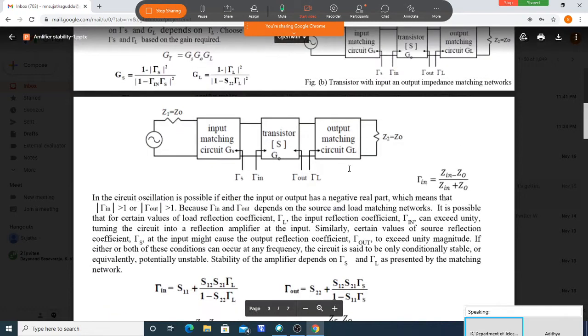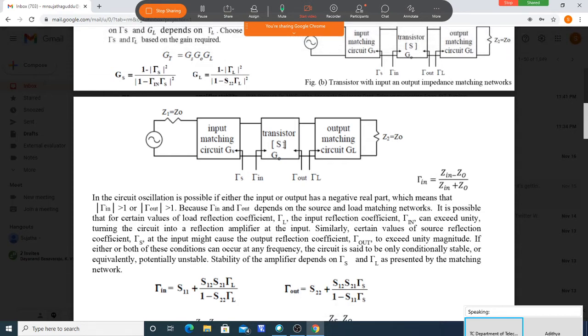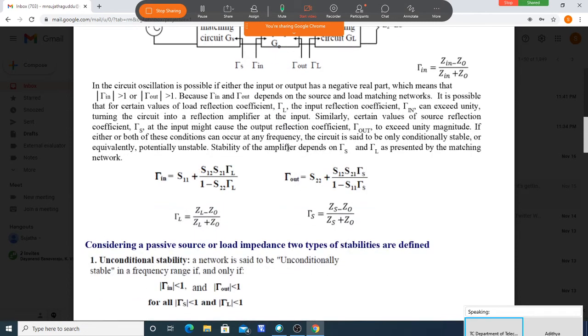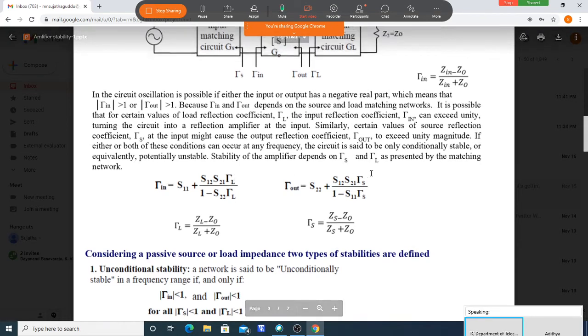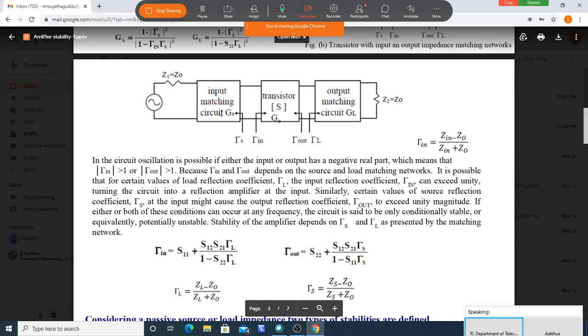Given active device. See here, this is an active device. Using the S parameters of this active device, you can easily come to know what values of ZL we can choose, what values of ZS we can choose to design the input matching network and output matching network.